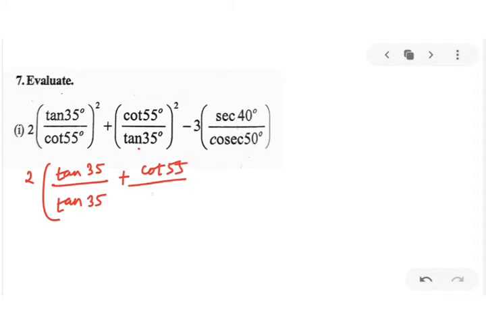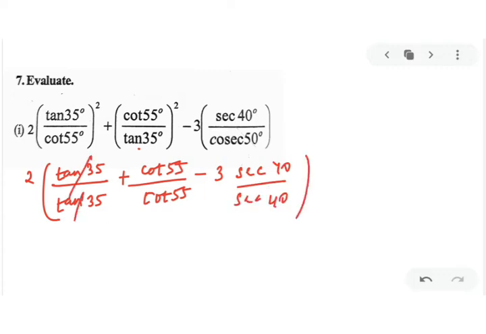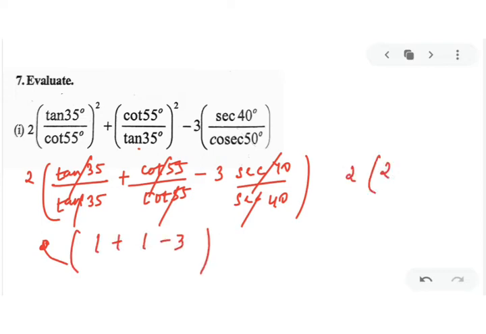And down, tan 35, I'll write cot 55. Minus 3 for sec 40, I will keep sec 40. For cosec 50, I will write sec 40. Now you will notice I can eliminate all of them. So that will be 2, 1 plus 1 minus 3 into 1.